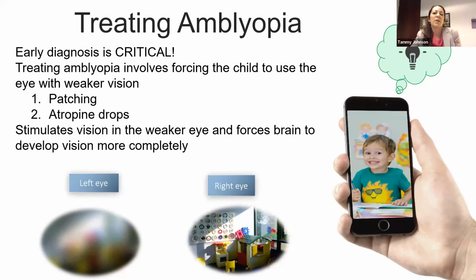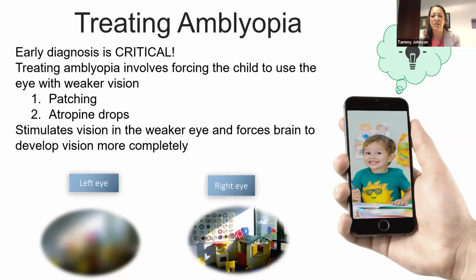So a lot of you might say, well, maybe we don't see as many kids with amblyopia anymore, because we're not seeing a lot of kids patched. A lot of people do understand that the treatment for lazy eye, amblyopia, is patching. Well, several years ago, studies showed that atropine drops, which are drops that blur out an eye, could be used rather than patching. And this improves compliance big time because the child doesn't have to wear a patch.